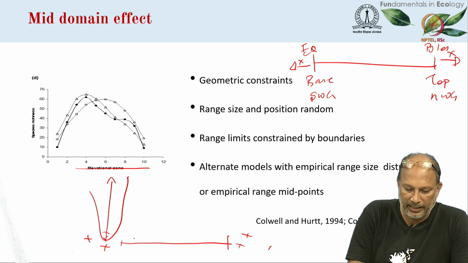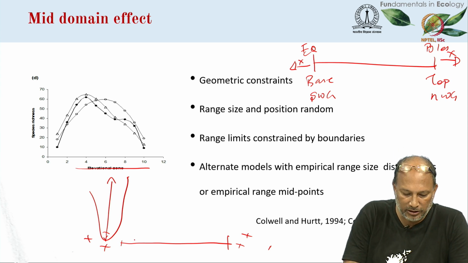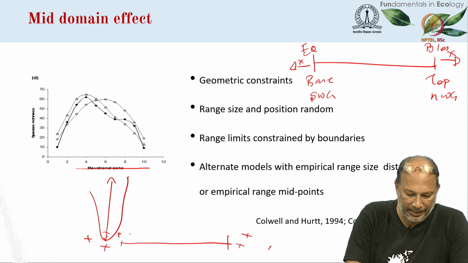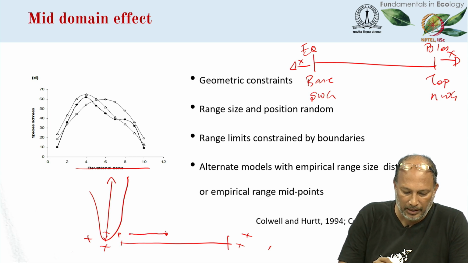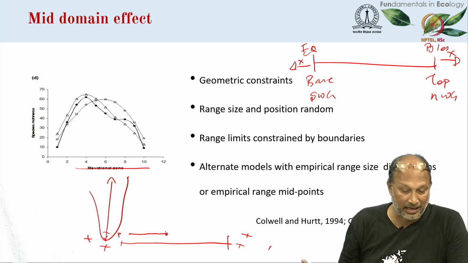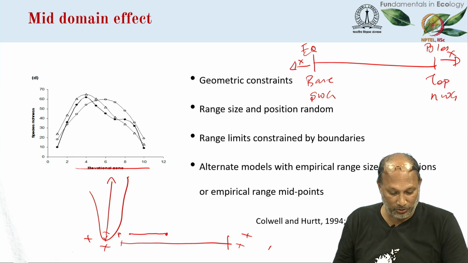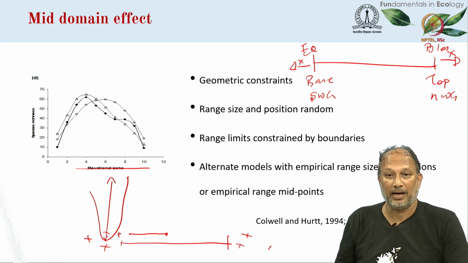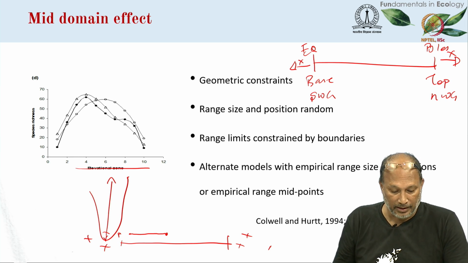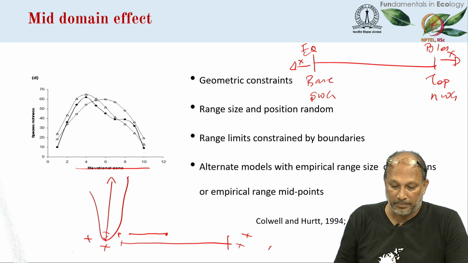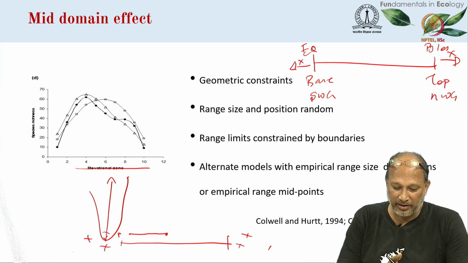Now species can only exist within this domain, and they said if I distribute these ranges randomly, so I take species A, found from here to here. What's random about this? I have obviously not used a randomization algorithm, I'm doing it arbitrarily. I've arbitrarily taken a range size, and I've arbitrarily placed it somewhere.